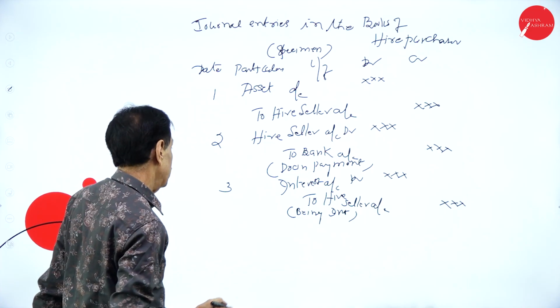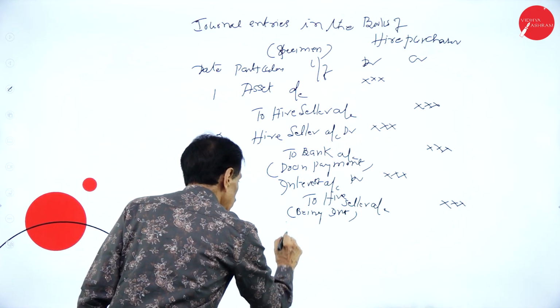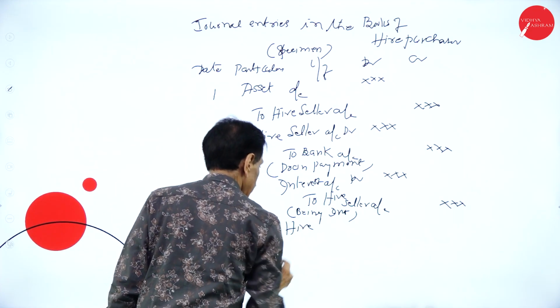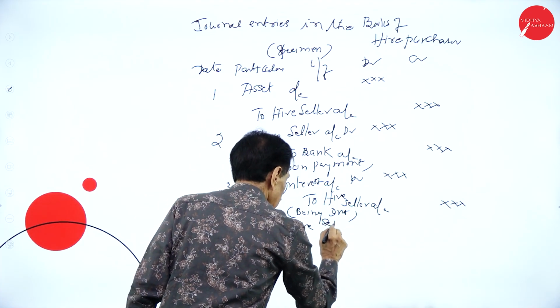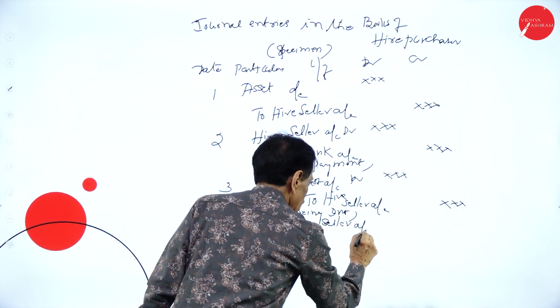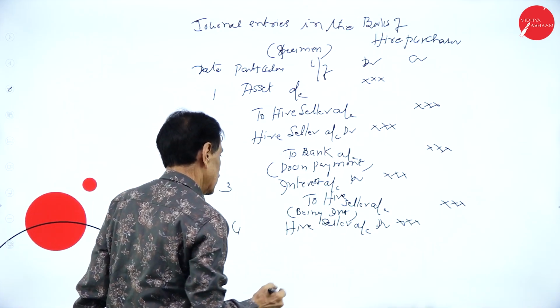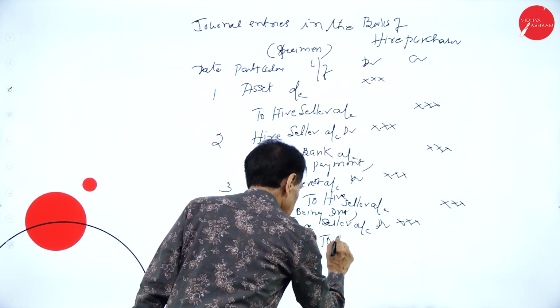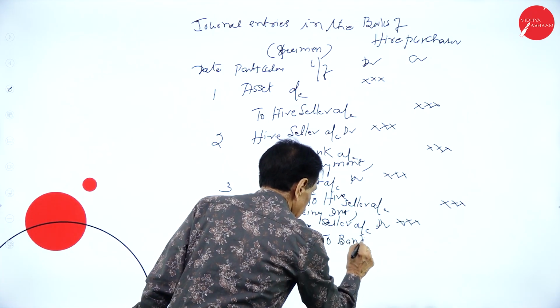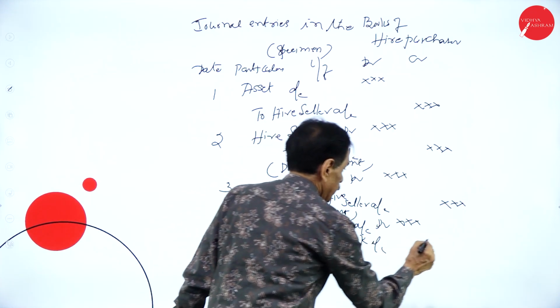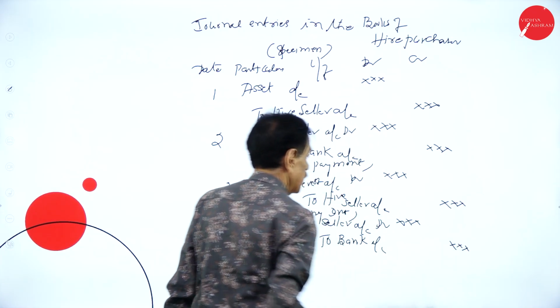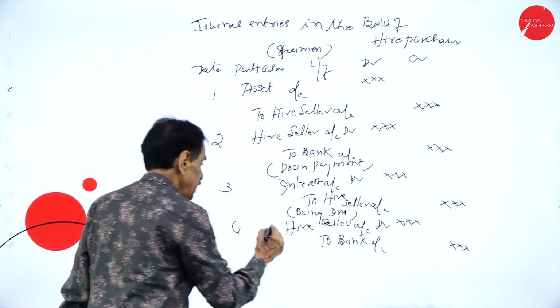Then that installment, hire seller account debit to bank account, being first installment.